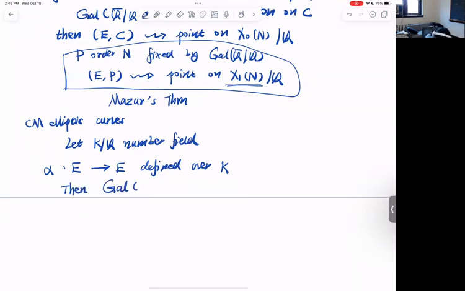The absolute Galois group of K also acts on the set of N-torsion points of E, right?